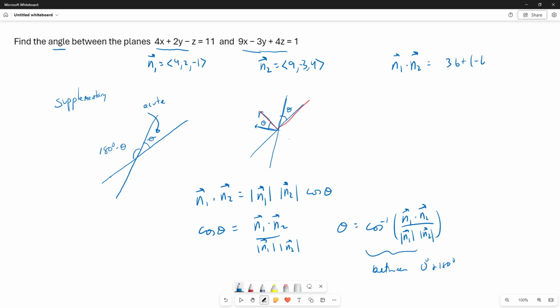So the details here: n1 dot n2 is equal to 9 times 4, which is 36, plus 2 times -3, so -6, and then -1 times 4, minus 4, so that's 26. The magnitude of n1 is the square root of 4 squared plus 2 squared plus -1 squared added together, 16 plus 4 plus 1, 21, square root of 21, and the magnitude of n2 is the square root of 81 plus 9 plus 16, so 106.